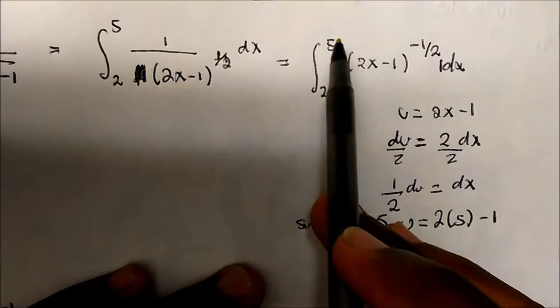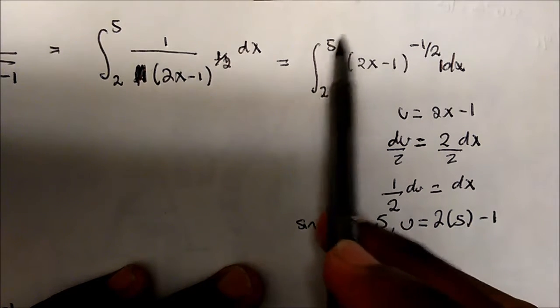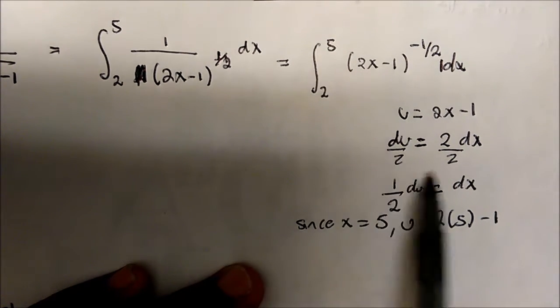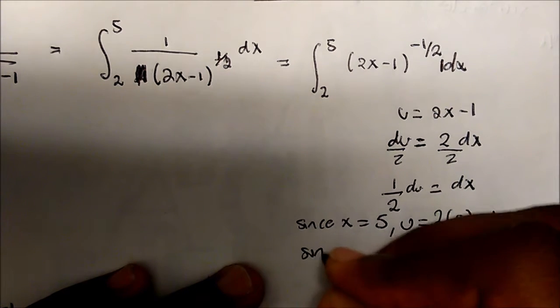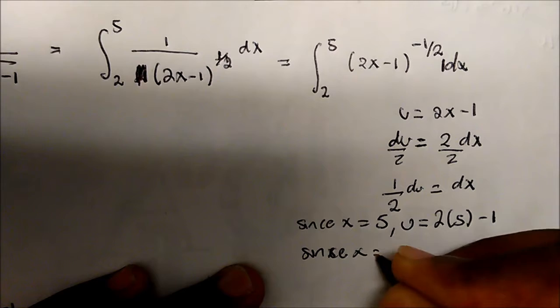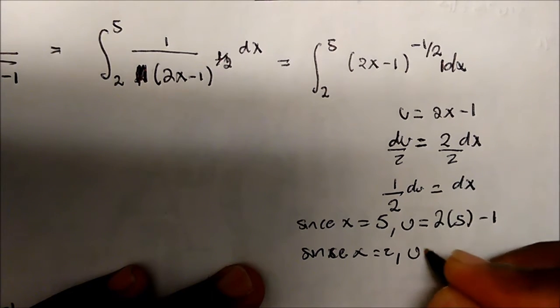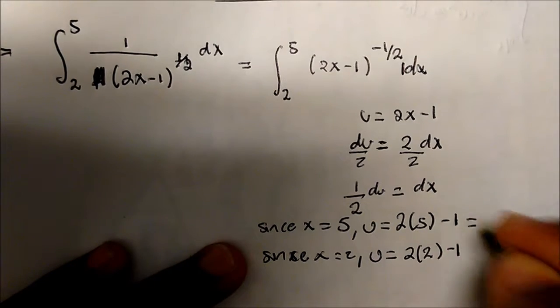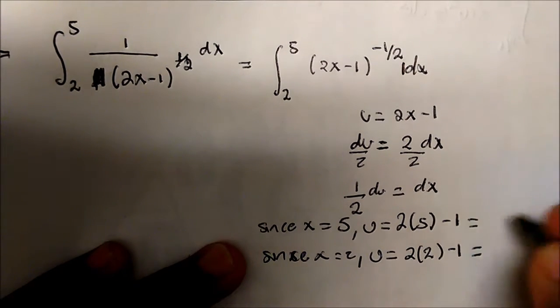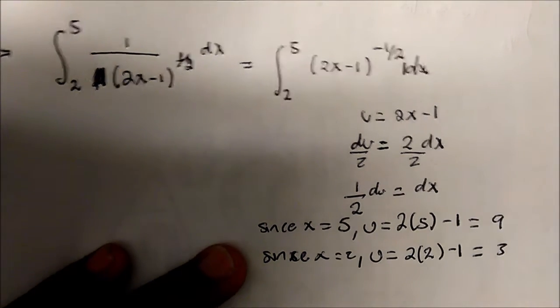All I did was make this rationale here. If x is equal to 5, I plug 5 in for x to get u. And since x is equal to 2, u is equal to 2 times 2 minus 1.